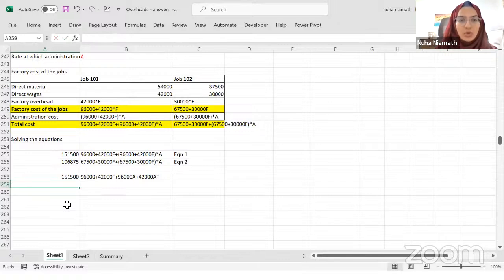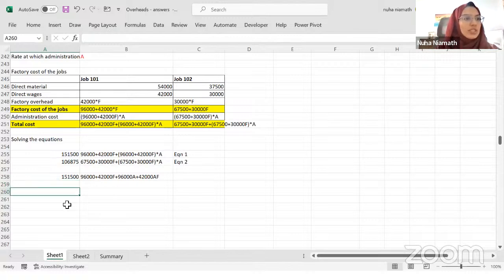Next equation, so let's solve this equation more. We'll get 42,000. Okay, so what we can do is we can keep the equation as it is because to solve it, it will become easier. So keep it as it is, the equation 1.